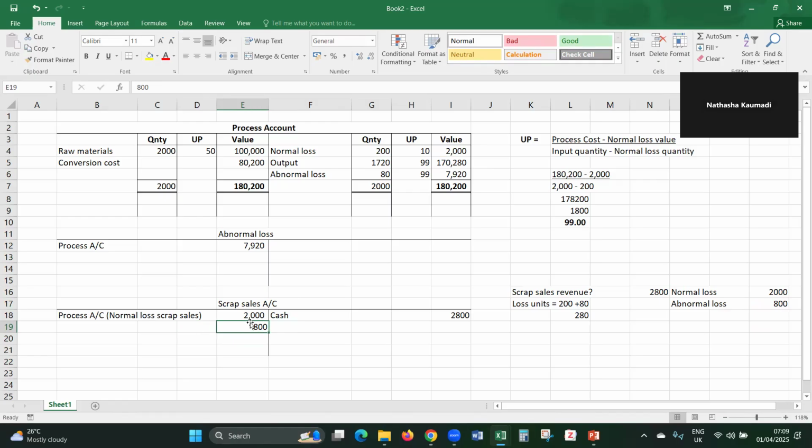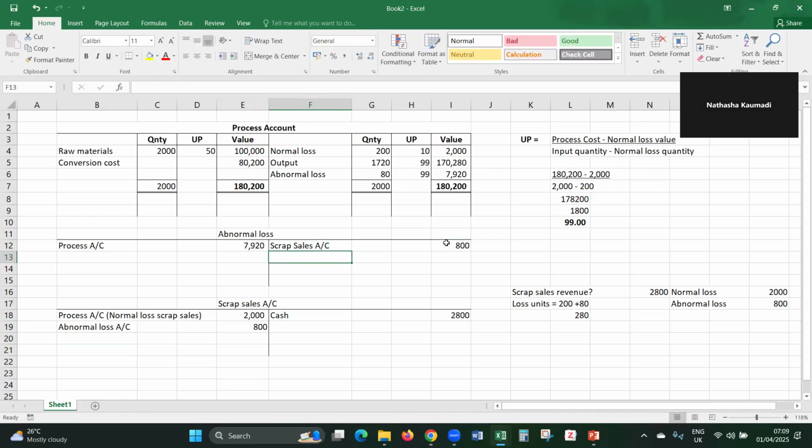I debit this value to the scrap sales account and I credit that to the abnormal loss account, right? So here I write abnormal losses, credit to the abnormal loss account, coming from the scrap sales account.